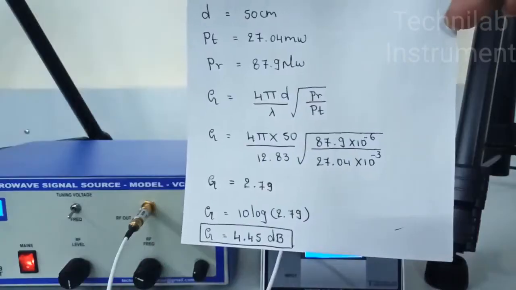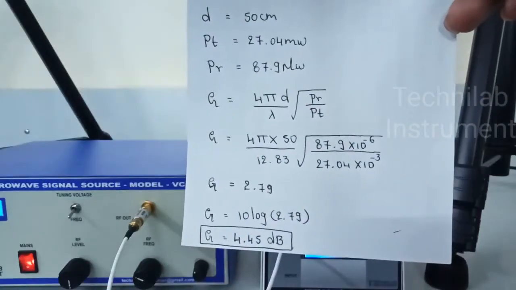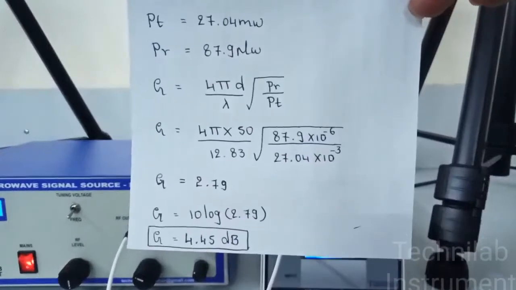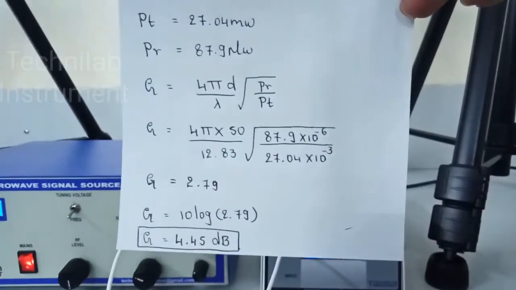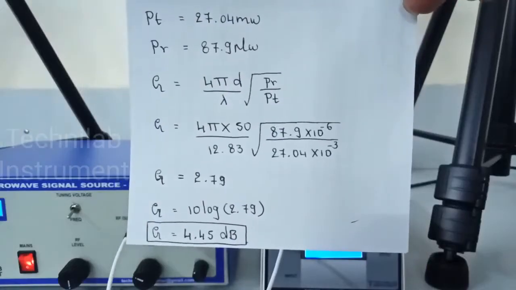In simulation we are getting around 4 dB gain, 4.1 something for this antenna. In simulation we are getting almost 4 only. It's a very good result. Gain calculation is over.